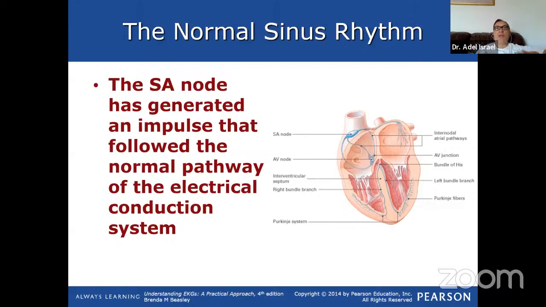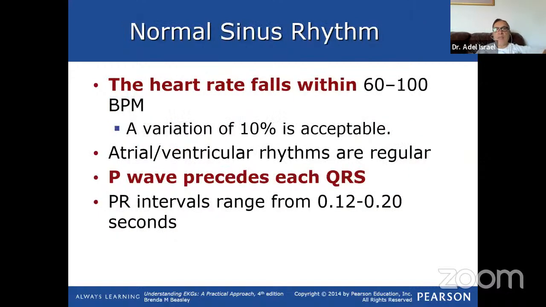It will also give you the story that the SA node generates the impulse, and the impulse goes to the internodal pathway, activating both atria. Then it goes to the AV node, then the bundle of His, then the branches, then the Purkinje. So it will be repeating all the information which we already have.